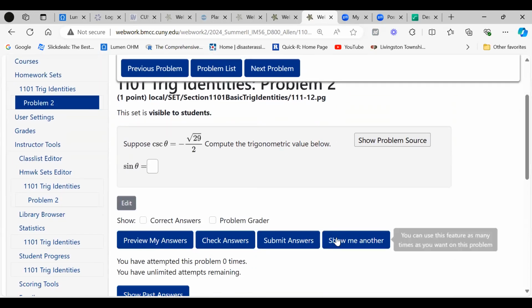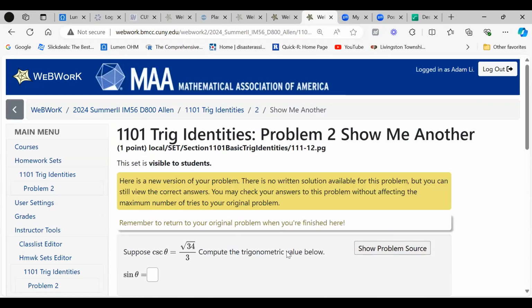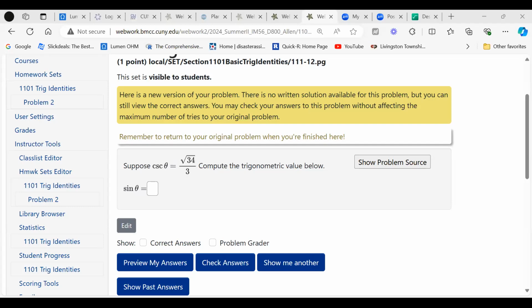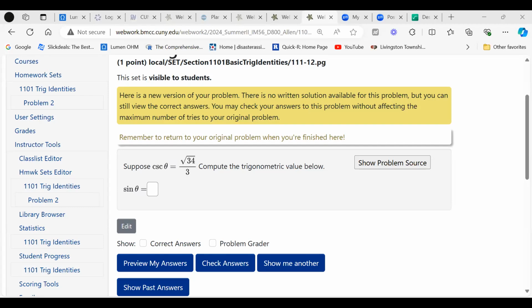Now you get cosecant theta. Let's find the sine theta. Let's try this. Okay, you guys try this.